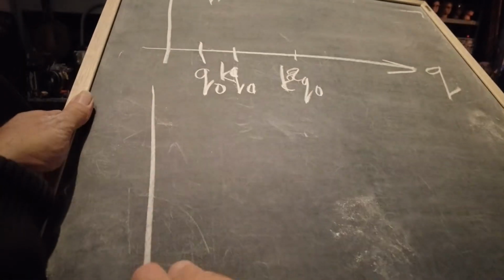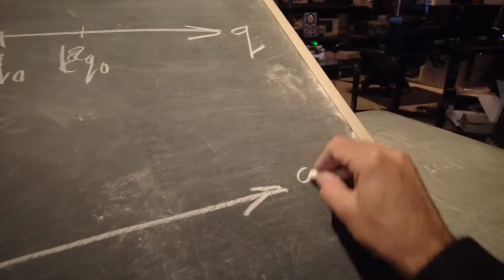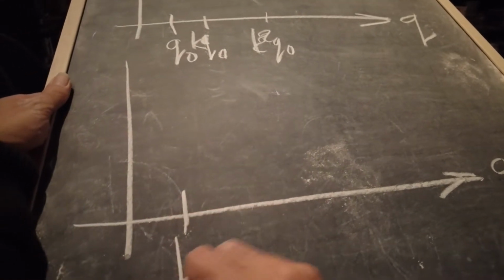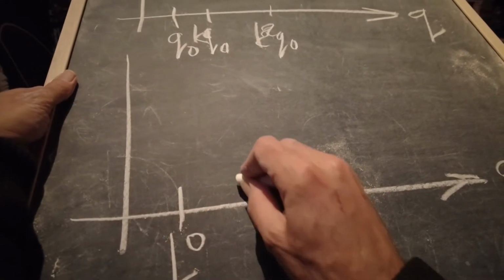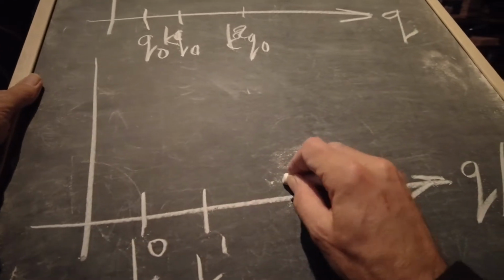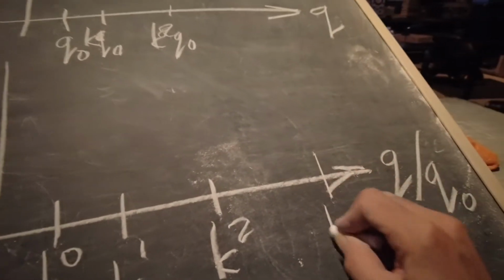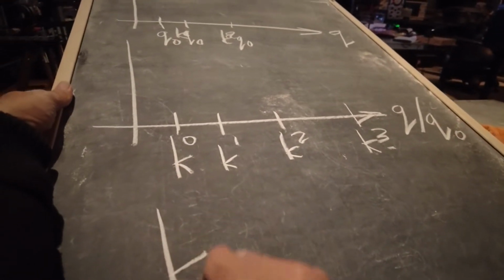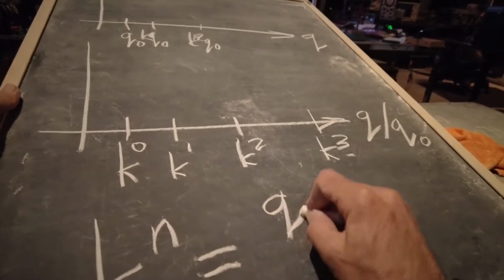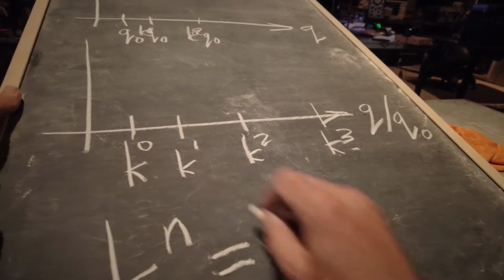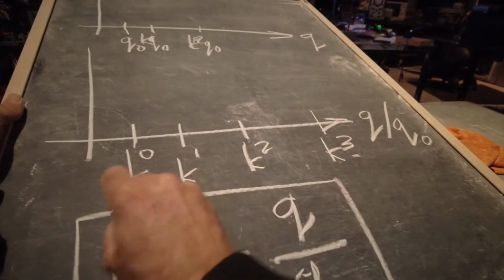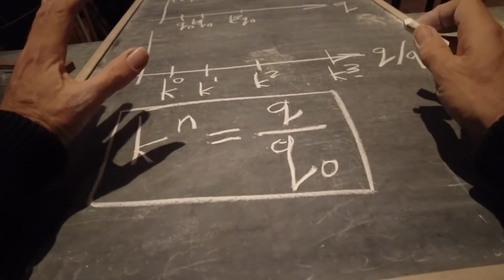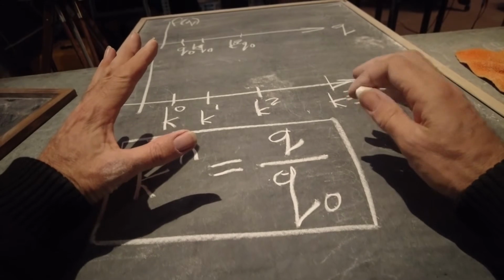And then we very quickly realized that if we simply change this axis to Q over Q0, then this axis becomes K to the 0, K to the 1, K squared, K cubed, and so on. And that gave us this identity: K to the N equals Q over Q0. And that is what we use to unlock these comparametric equations. That's a very important observation. When you think of things in this clear way, it becomes super easy to understand things.